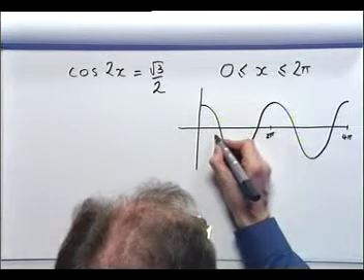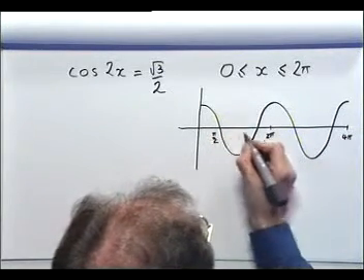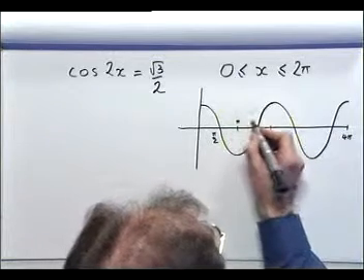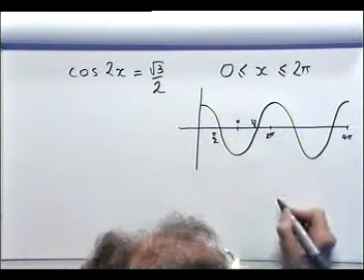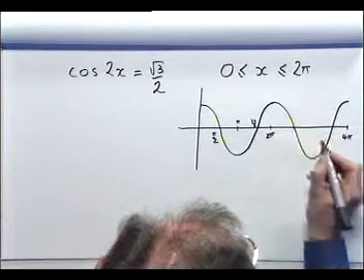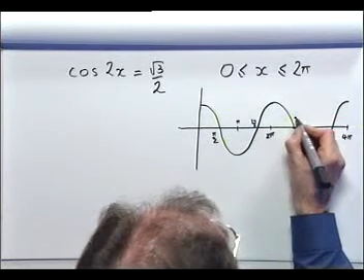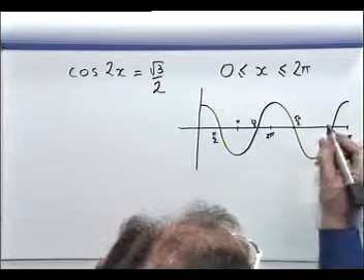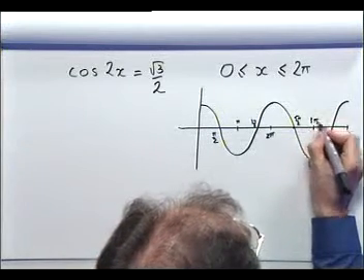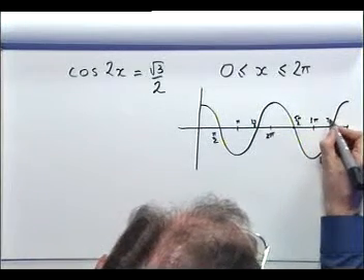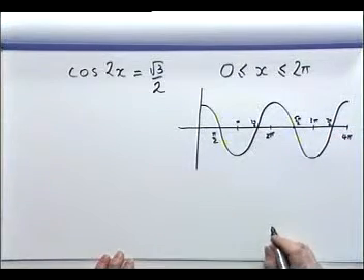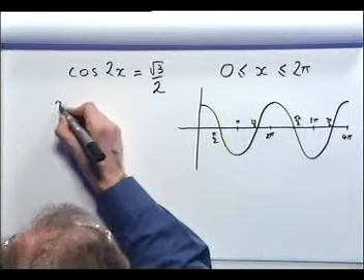And we can mark these off. That one will be pi by 2, pi, 3 pi by 2. This one will be 5 pi by 2. This one 3 pi, and this one 7 pi by 2. So, where are we with this?